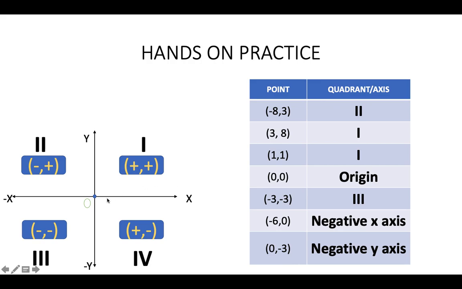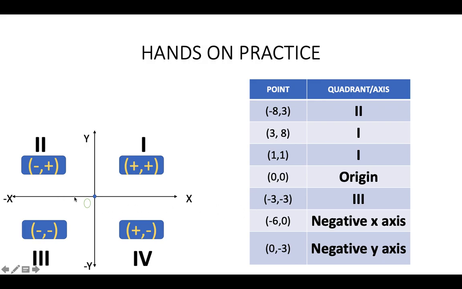0, 0 is the one point where we have no axis, no coordinates, we call this point the origin. Similarly, minus 3, minus 3, both are negative, therefore lying in the third quadrant. Minus 6, 0. In this particular case, the y coordinate is 0, whereas the x coordinate is negative.